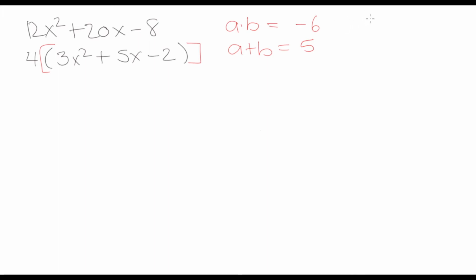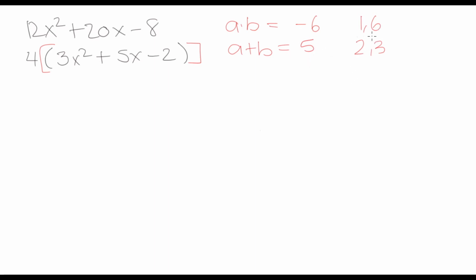So let's look at our factors of 6 again. We have 1 and 6, and we have 2 and 3. So let's see, if one of these was negative and one of these was positive, which two would, when summed together, give us 5?